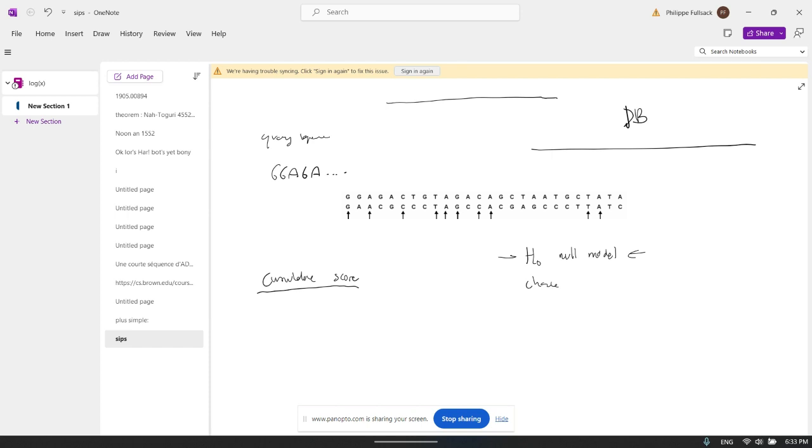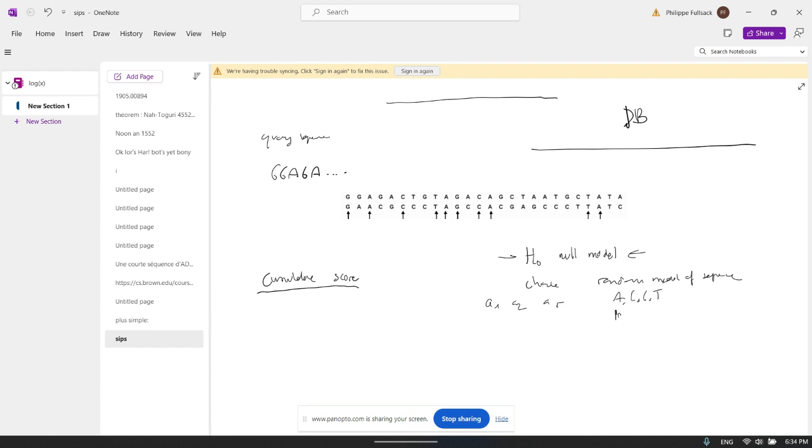So we want a random model of sequence, and our model will be simple. We are going to assume that we have an alphabet of letters, here A, C, G, T.